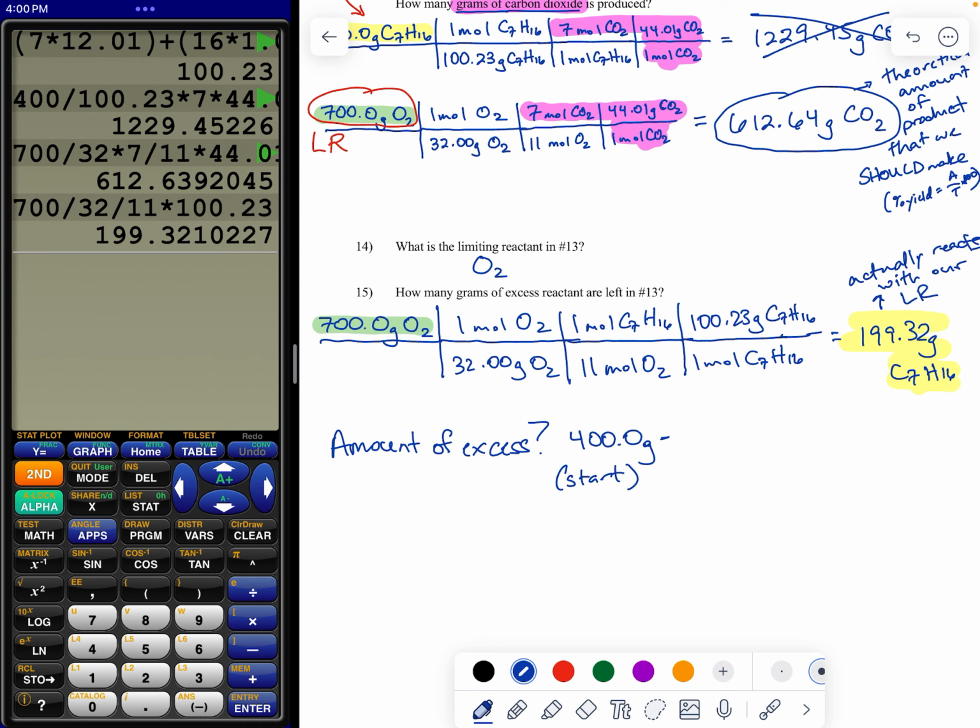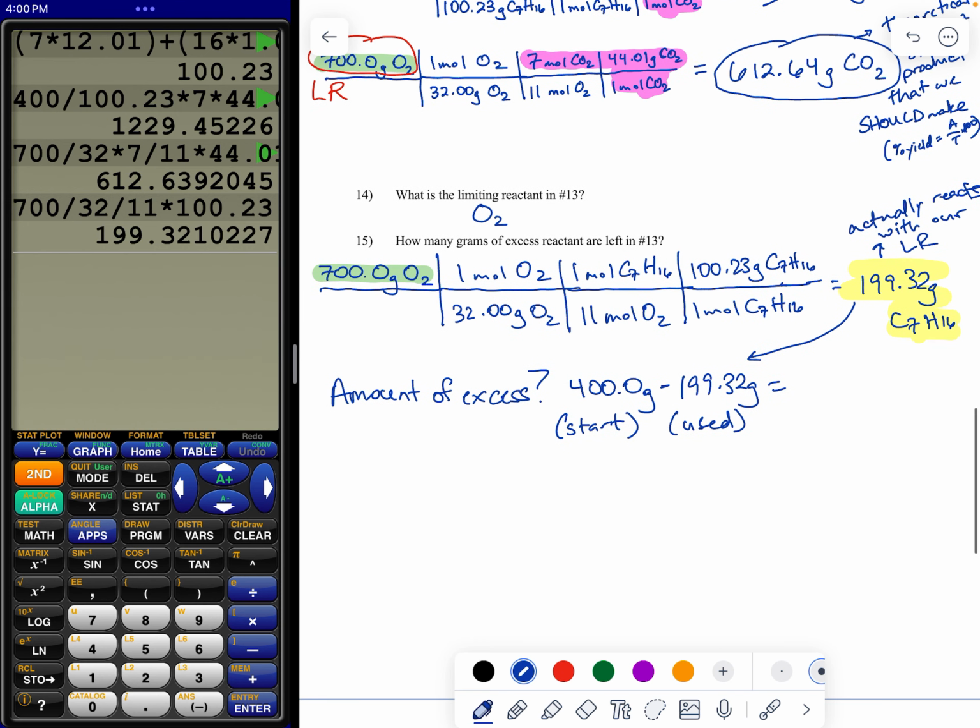We only used 199.32 grams. So we can figure out what's left over, which is just 400, and pretty darn close to 200, huh? Minus 199.32. Yep, 200.68 grams of heptane, of the other reactant, the excess reactant, are left over.